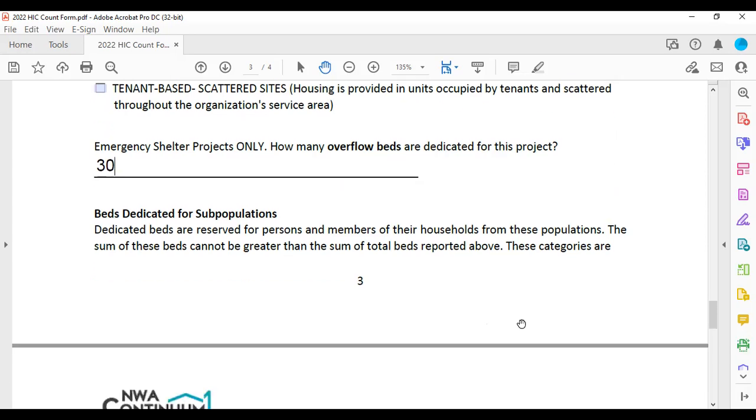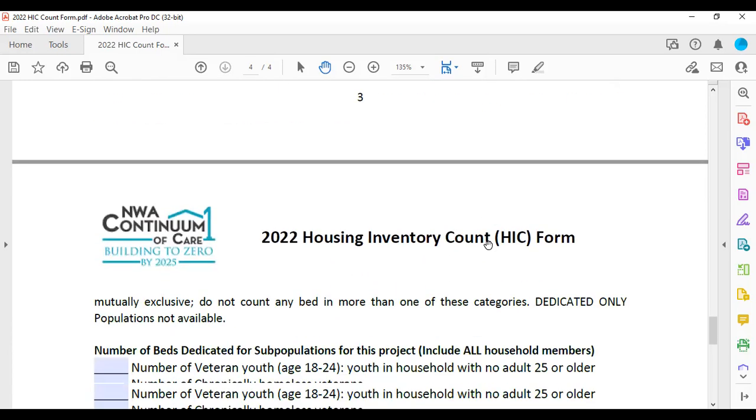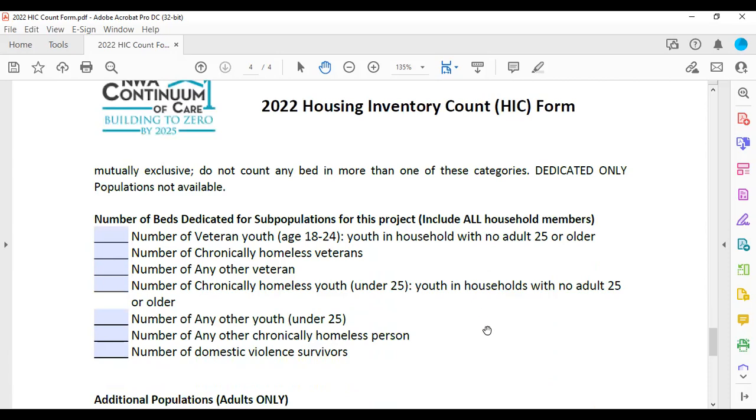Right, okay. So now we're going to go down to beds that are dedicated for subpopulations. Some of these are new, were not included last year. One thing to be mindful of for this section is that they're dedicated only for these populations.